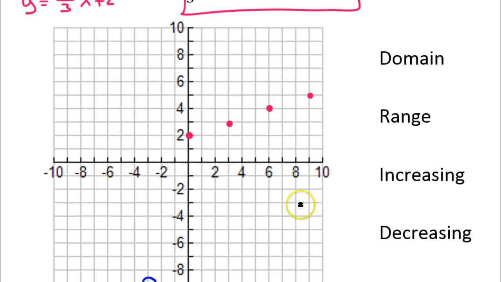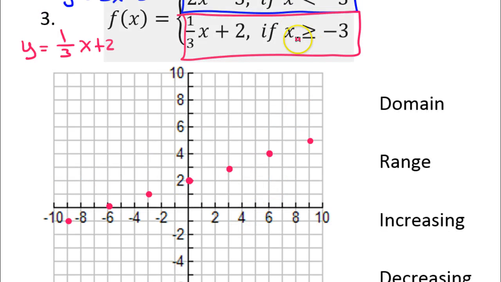All right, I can continue the process in the other direction by going like this. Okay, now again, focus at the point that has an x value of negative 3. This has an x value of 0. This point has an x value of negative 3. So this is the one that we want.